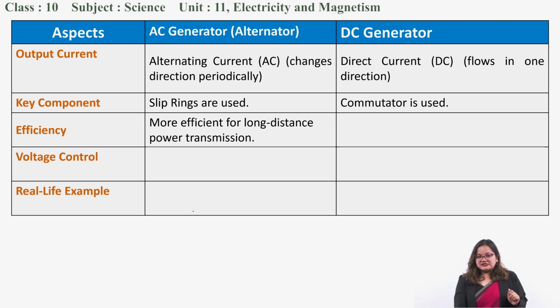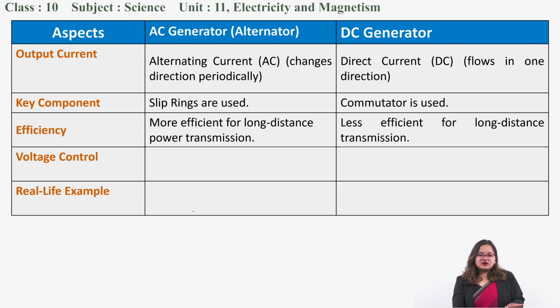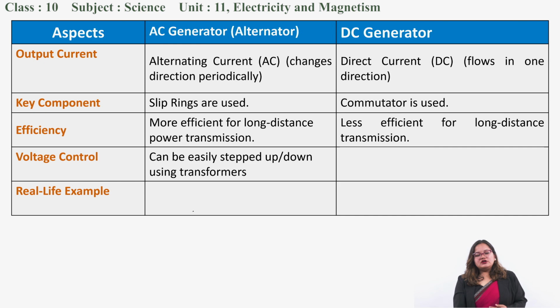Talking about efficiency, an AC generator is more efficient for long distance power transmission, whereas a DC generator is not suitable for long distance transmission due to the loss of energy on the path. For voltage control, we can use transformers to easily step up or step down the voltage according to one's need, whereas in a DC generator, it is quite difficult to change the voltage level.